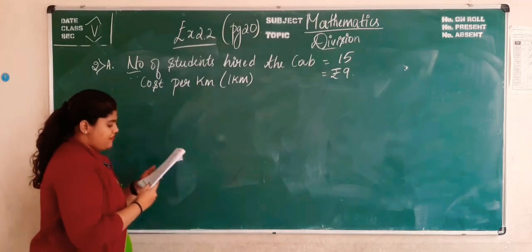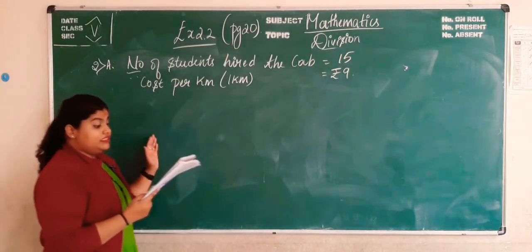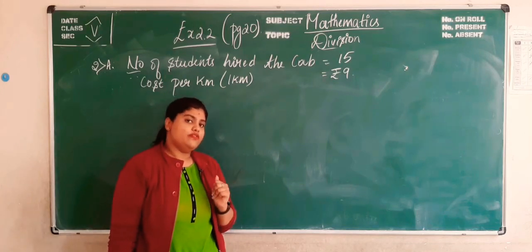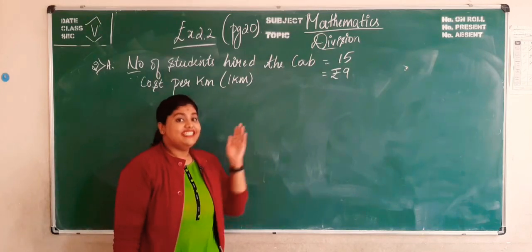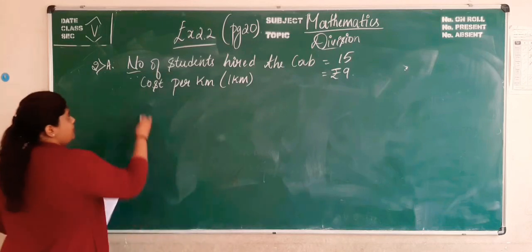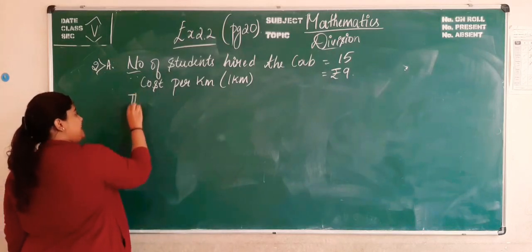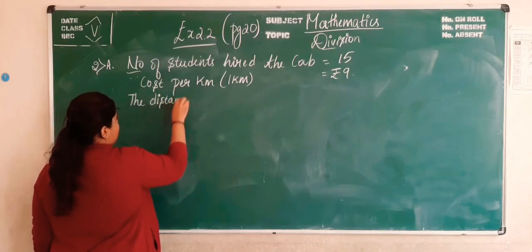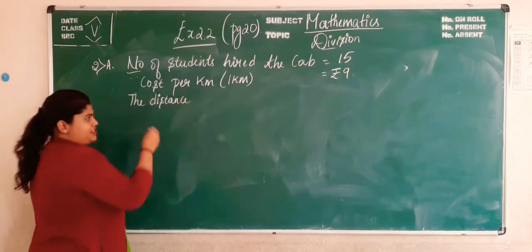Now, what is the next thing? If they travel a distance of 325 kilometers, what is the 325 kilometers? Yes, distance. Or else you can write the number of distance, no problem.